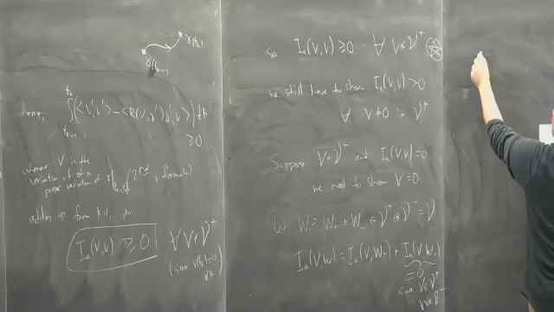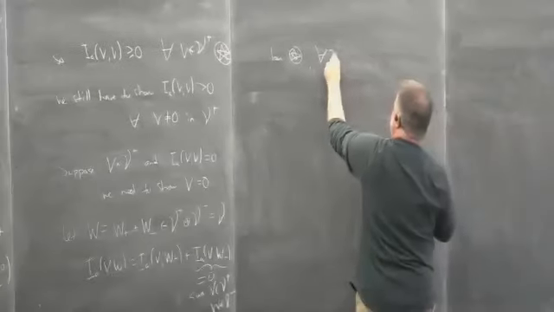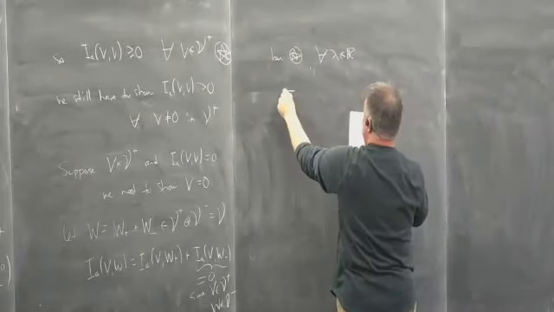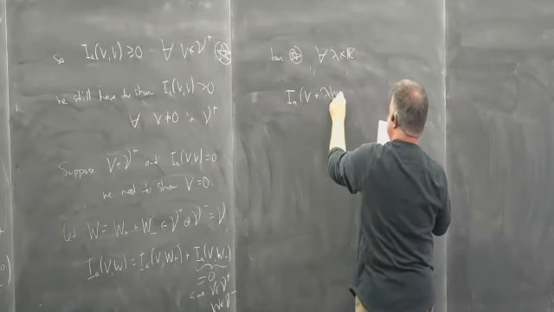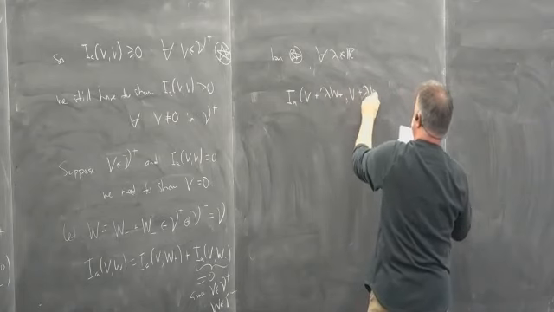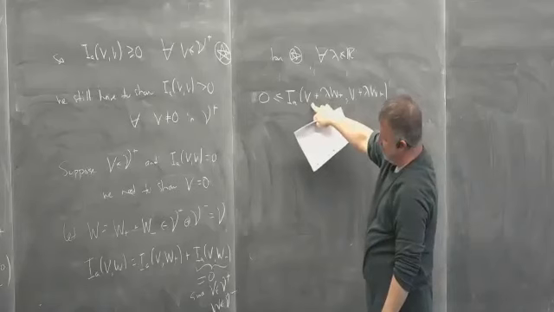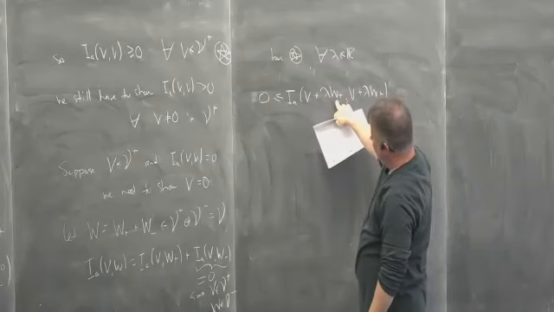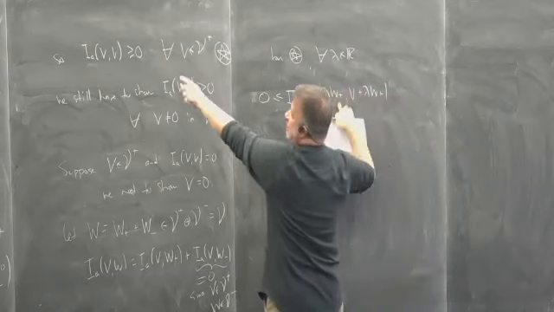And now, by star, for all real numbers lambda, if I look at IA of V plus lambda W plus, V plus lambda W plus, this is greater than or equal to 0. Because V was in V plus, and W plus is in V plus, and that's a subspace, so this is in V plus.